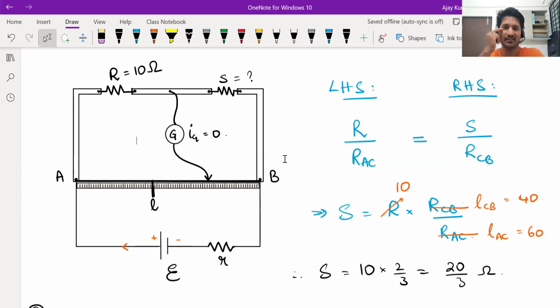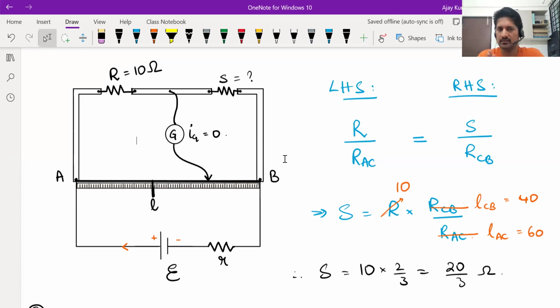How will you shift? Suppose you want to perform the experiment quickly, or you don't want to look at the galvanometer so many times. What is a better way to do it? Sir, first we'll consider markings by centimeter, and once we get that point, we'll shift to millimeters. Okay, correct. As I said, let's say the balancing length is 30.2 centimeters, means 302 millimeters.